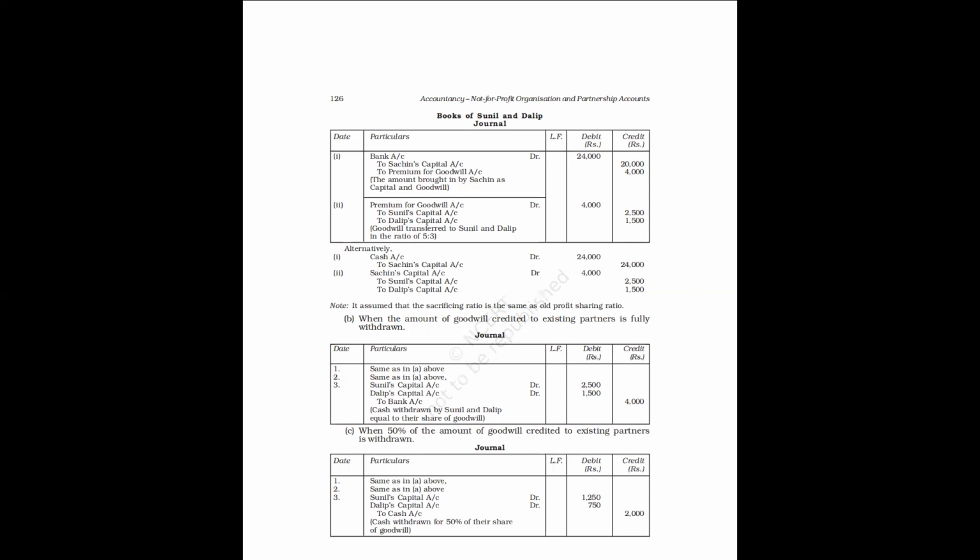So in the same way, Sunil's capital account, Dalip's capital account, to cash account. The whole amount of premium is 4,000. The half amount of premium of goodwill is 2,000. This 2,000 only they have withdrawn. So Sunil's capital account debit, Dalip's capital account debit, to cash account 2,000. This amount is shared, 2,000 into 5 by 8, 2,000 into 3 by 8.